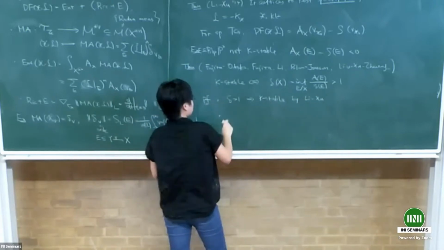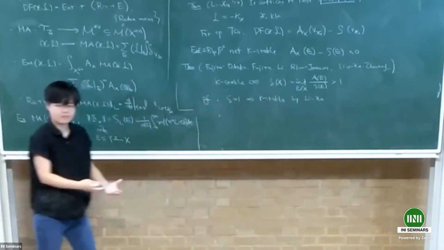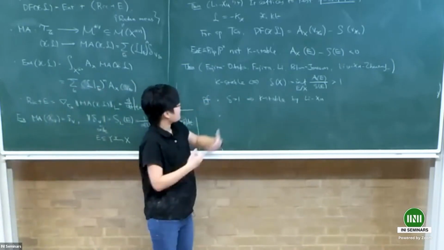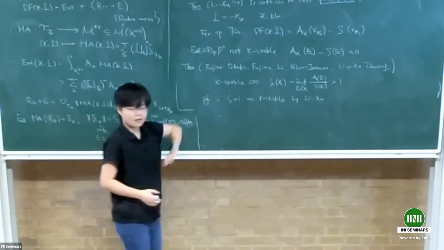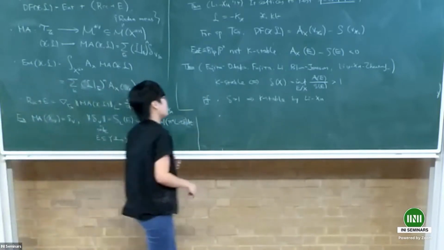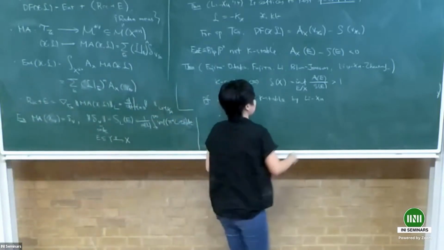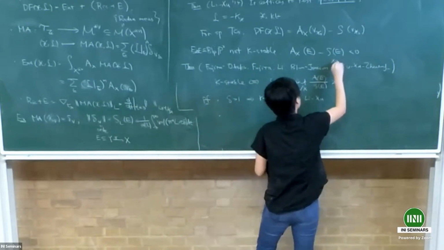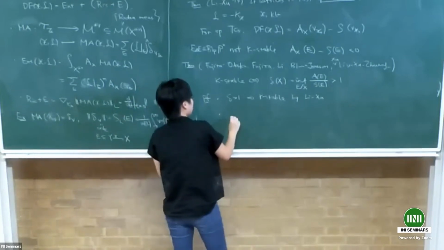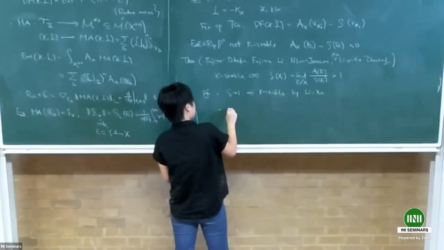And the harder direction is you assume K-stable. You want to prove that you have this greater than 1, not only for finitely generated valuations, but in fact for all divisorial valuations. So the idea is to prove by contradiction.